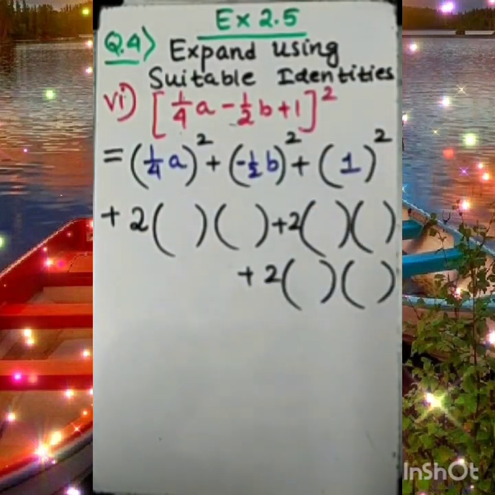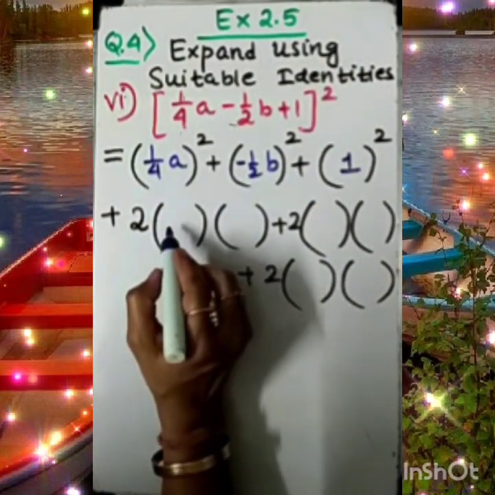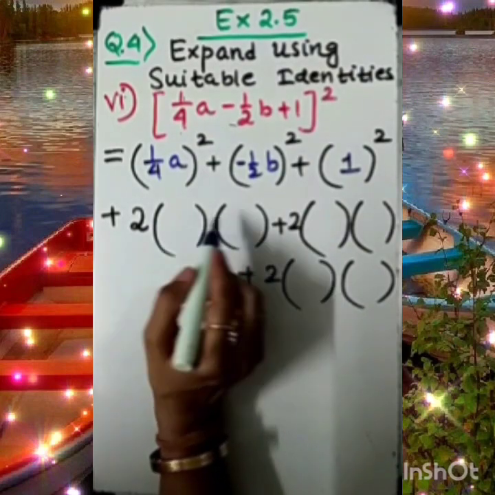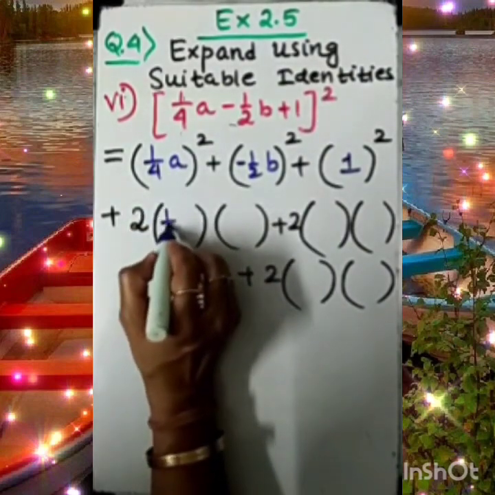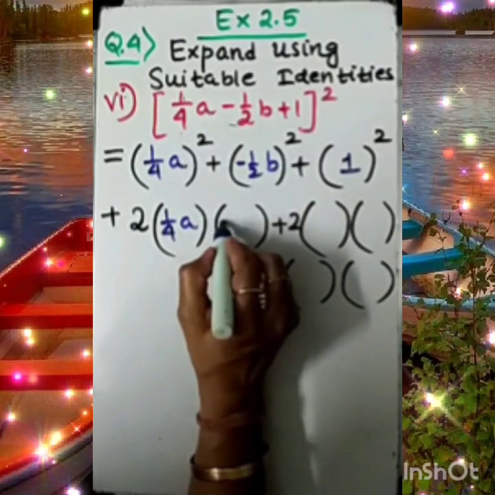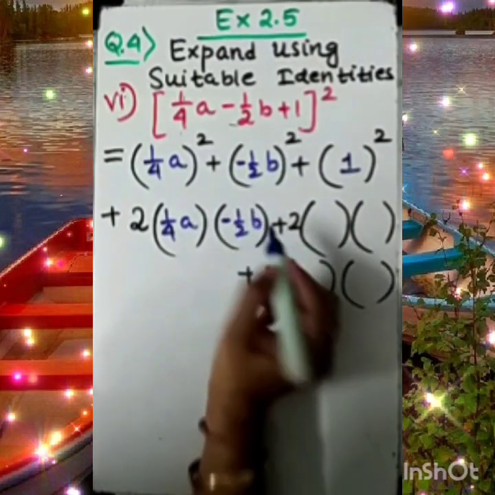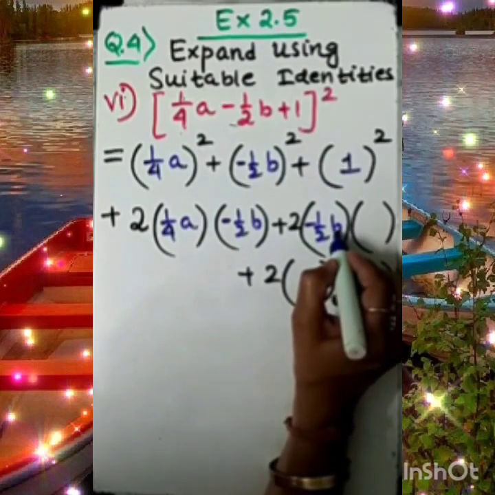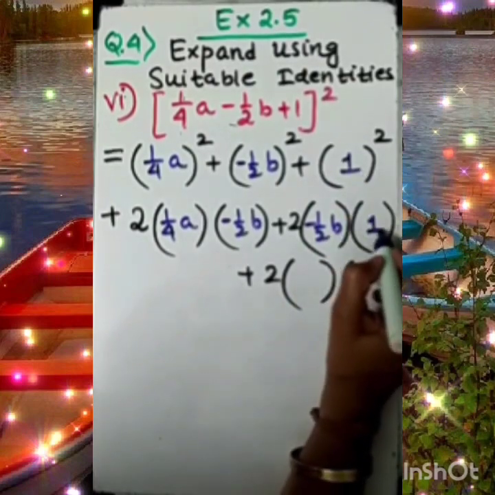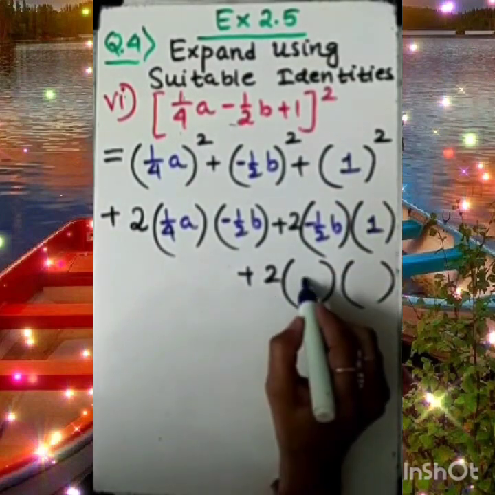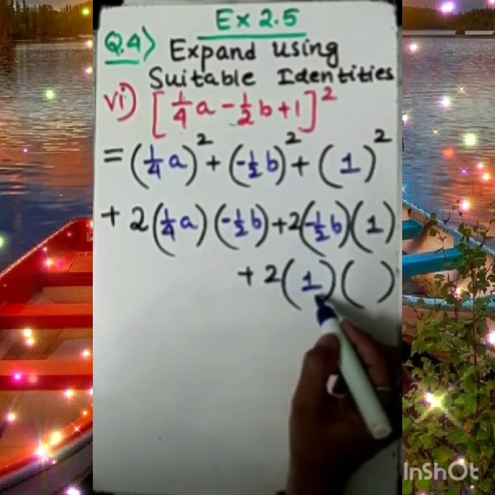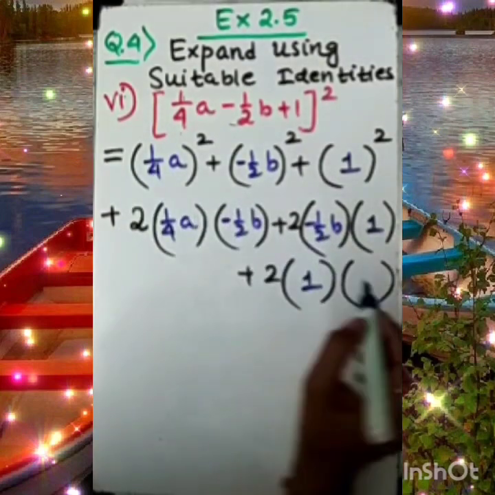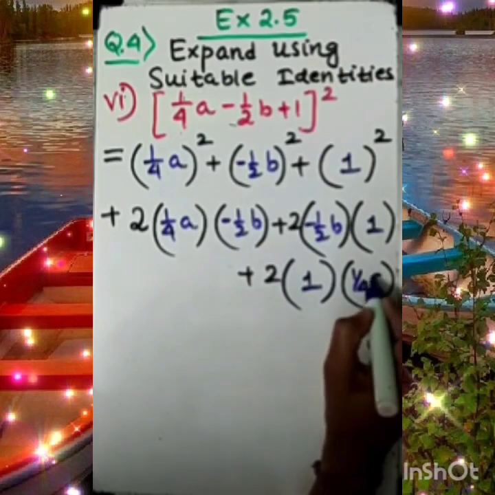Now here I need to write first and second product. So the first term is 1 by 4a and the second term is minus 1 by 2b. No problem. Then the second term 1 by 2b and of course the third term is 1. Here 2 into third term, which is 1, and the first term is this 1 by 4a.